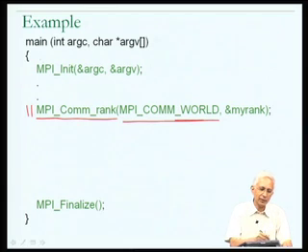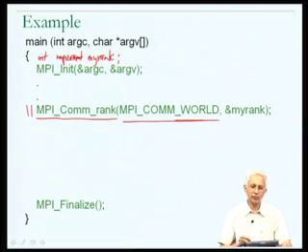So my rank would have been declared as an integer variable in this program. After calling MPI COM rank, the value of that variable will be the rank within the communicator MPI COM world of the process which is running this particular instance of the program.